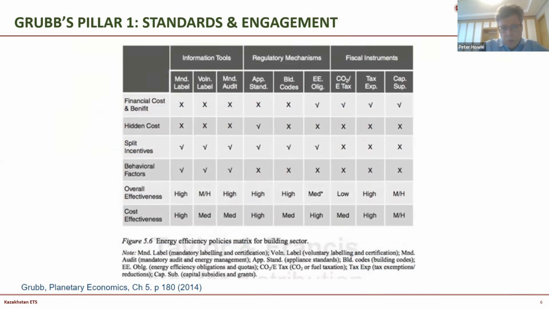He breaks this pillar into information tools, which is labeling and auditing, and regulatory mechanisms, which means standards and building codes, and fiscal instruments such as gasoline and fuel taxes and capital subsidies to generate more energy efficient buildings or equipment. So that's the first pillar.